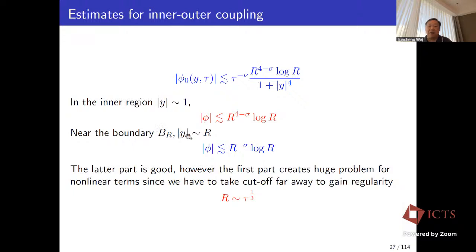Near the boundary, phi decays. This is the good part. However, the first term creates a huge problem for nonlinear terms, since we have to take the cutoff far away to get regularity, because we need regularity for the outer problem.